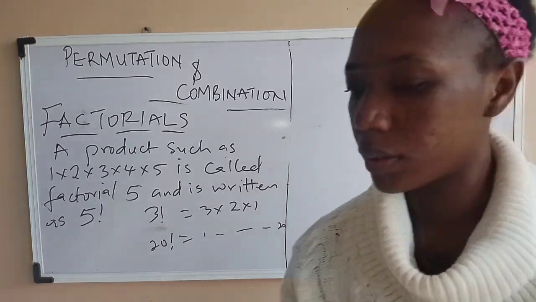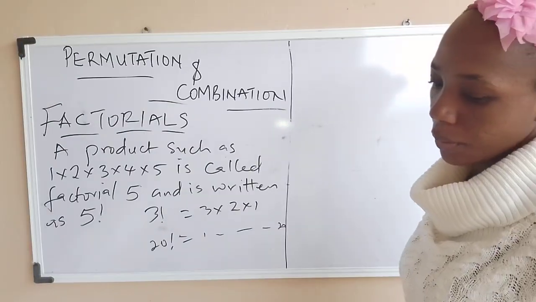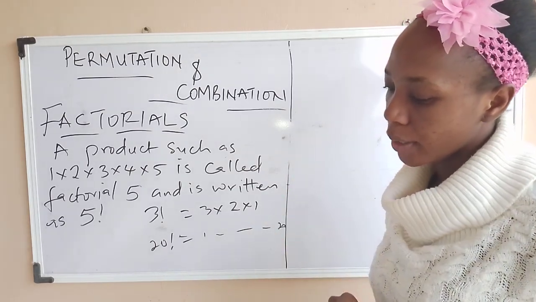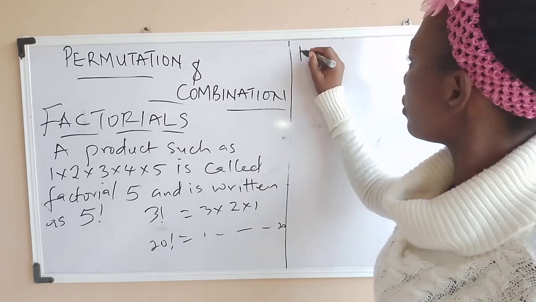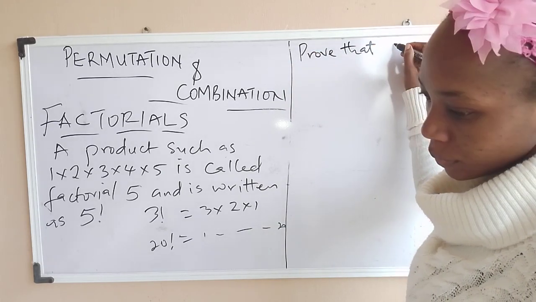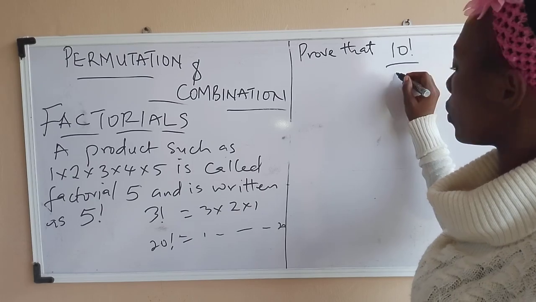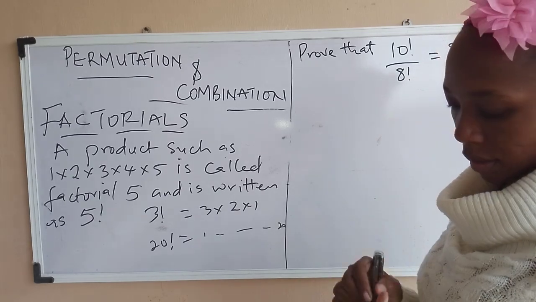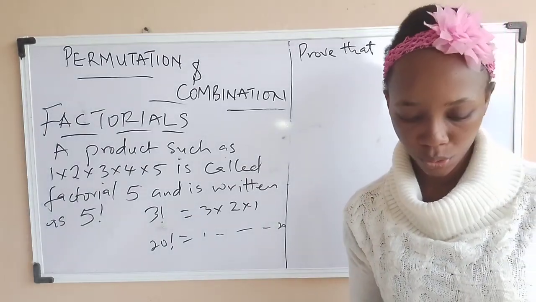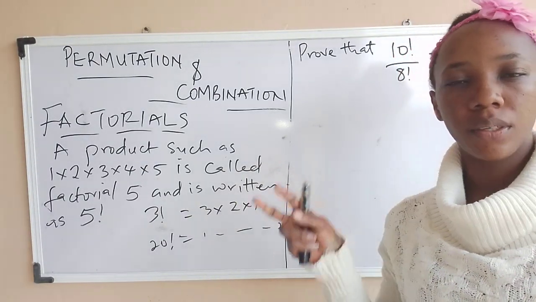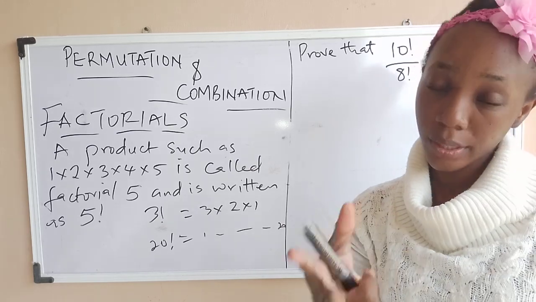Looking at the first example, we're asked to prove that 10 factorial over 8 factorial is 90. That's the first question we are given to do. We're asked to prove that 10 factorial over 8 factorial will result to 90. So let's try it and see.